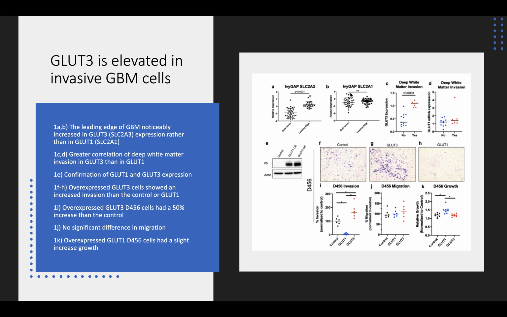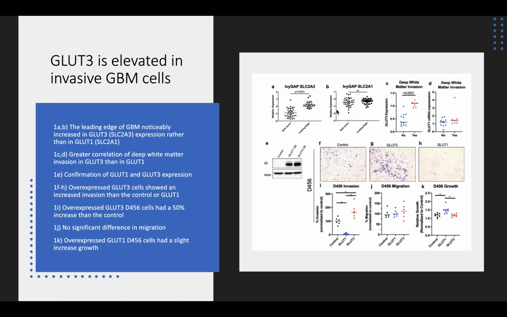And then in figure 1B, as it compares to figure 1A, again the y-axis shows relative expression, the x-axis represents bulk tumor and leading edge, but in figure 1B, this relates to SLC2A1, which is also GLUT1.